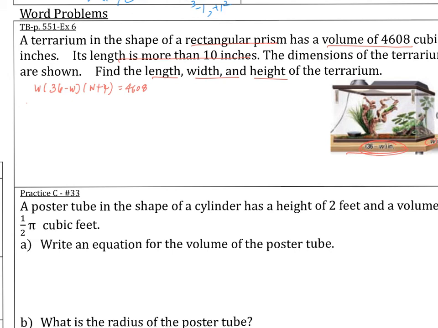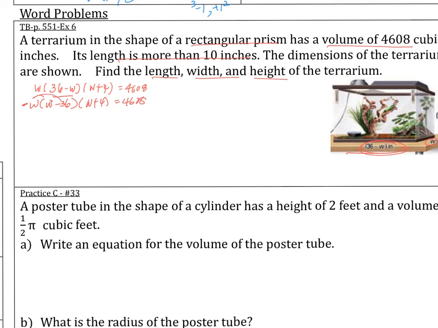And now I'm going to switch this binomial around so that the variable will be in the front. So I need to put a negative sign out here. When I distribute the negative in, I will still get -w squared and +36w. Okay?